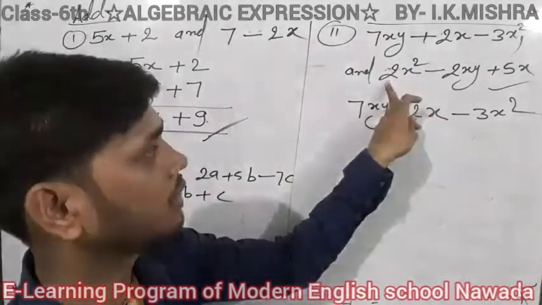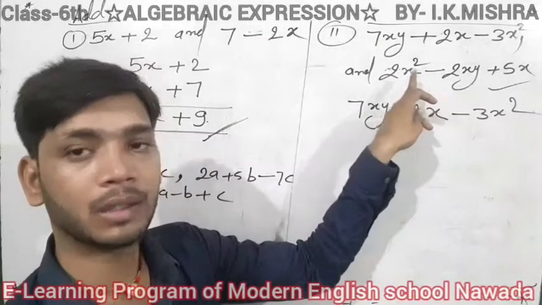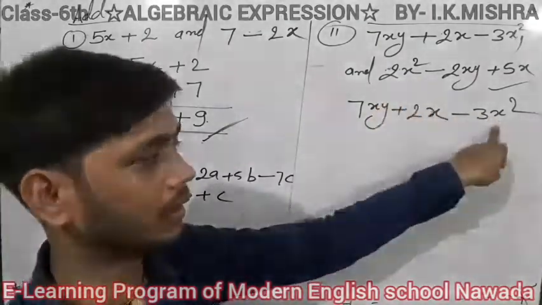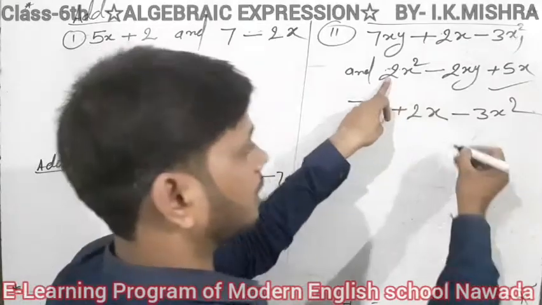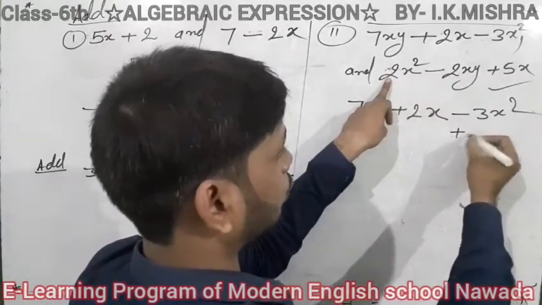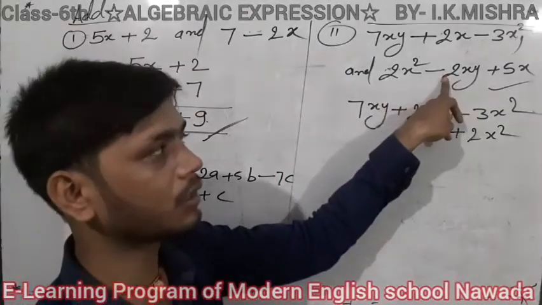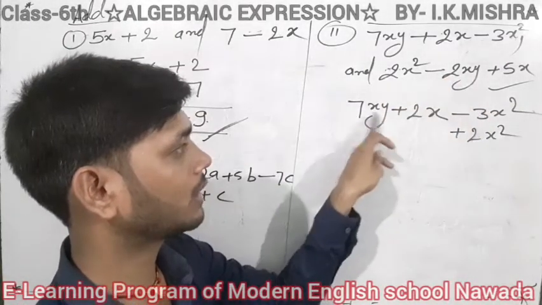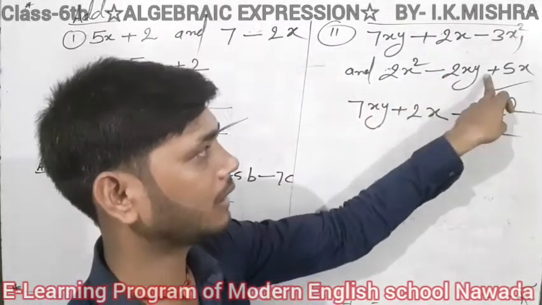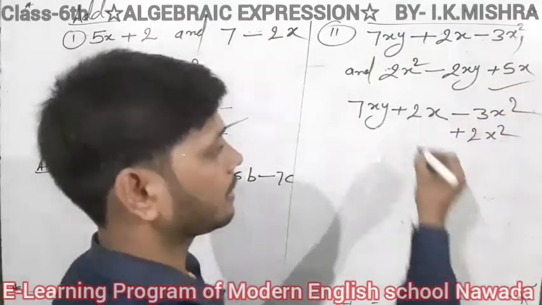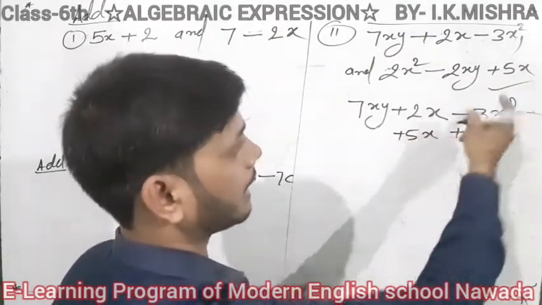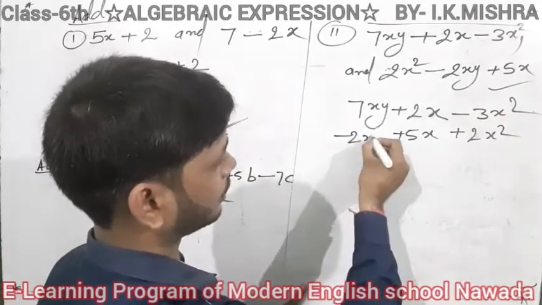Suppose here first written 2x square, that means the x square like term is here. Then first of all write here plus 2x square, and then here minus 2xy, and here is plus 5x. That means here write plus 5x and minus 2xy.